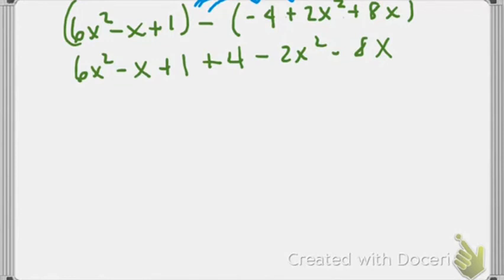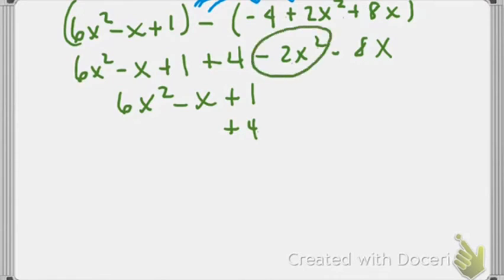And now I can do this vertical or horizontal method. I would like to do the horizontal method, so I'm going to do that. I'm going to take my first one, and I'm going to take my second one. I notice the sign is plus 4, so I put a plus 4 here. The 2x squared I'm going to put with the other x squared, but the sign follows the number, so that negative is going to go with it.